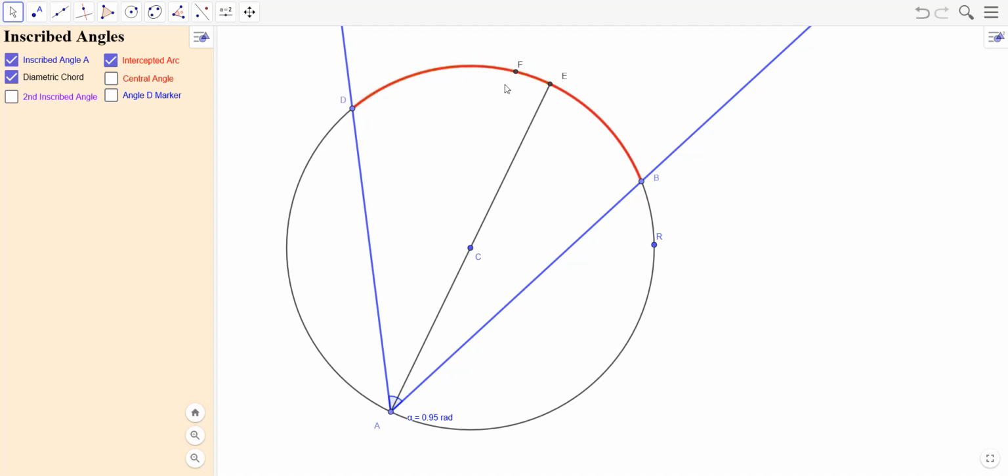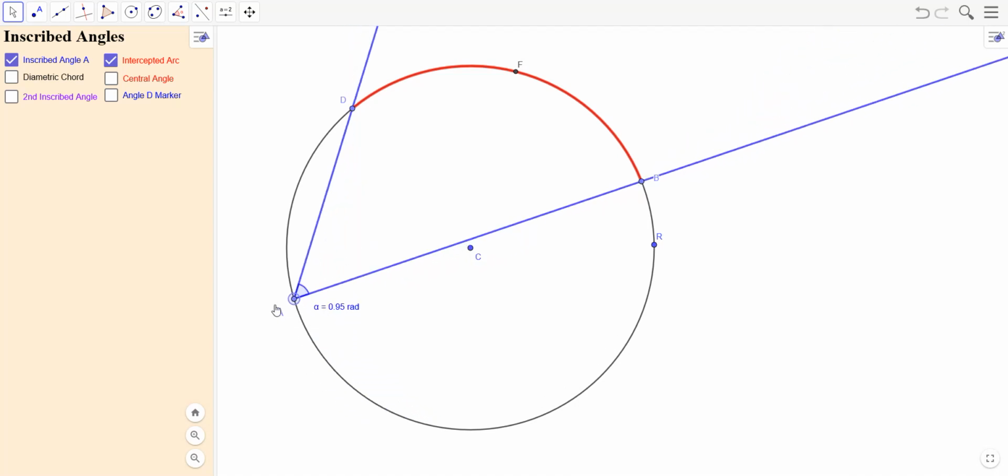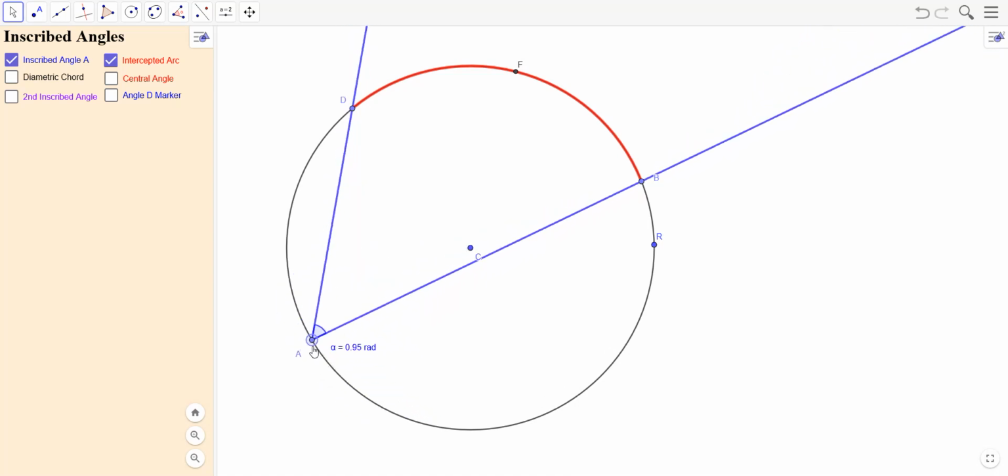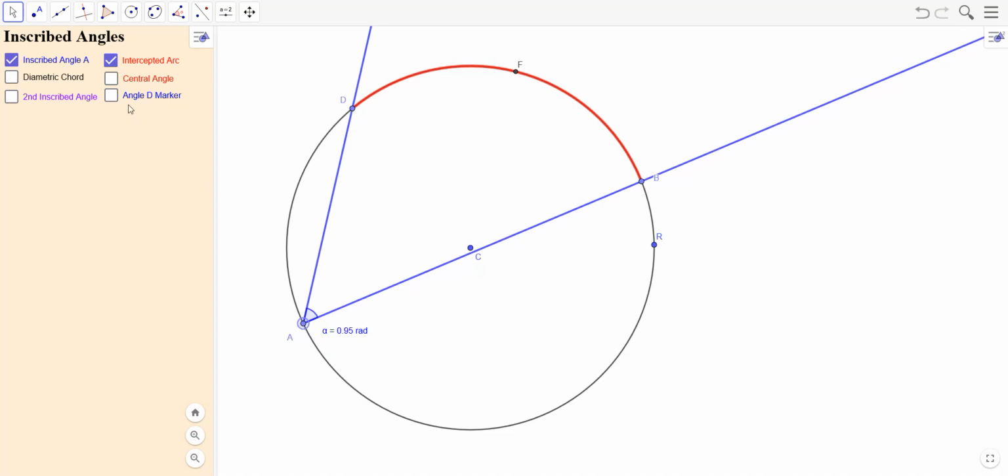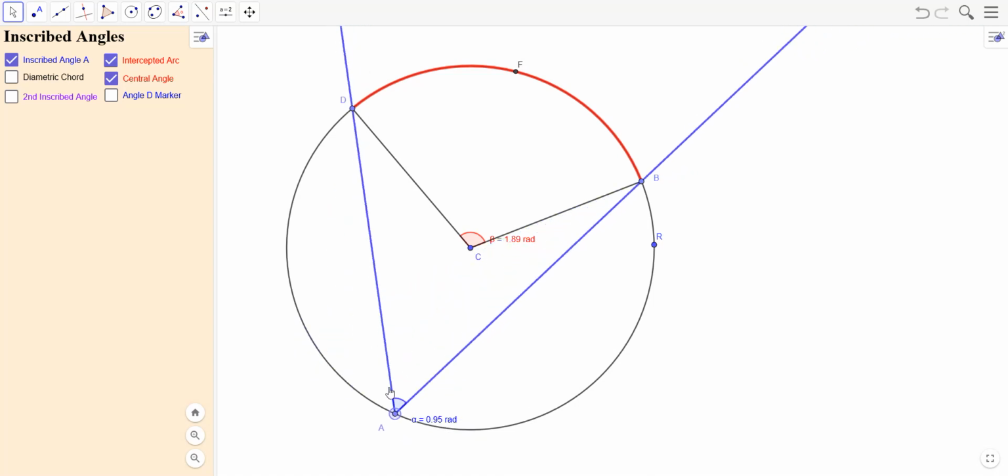So in the end, we get no matter what, whether it goes through the center or not, the inscribed angle is 1/2 the measure of the arc that it intercepts.